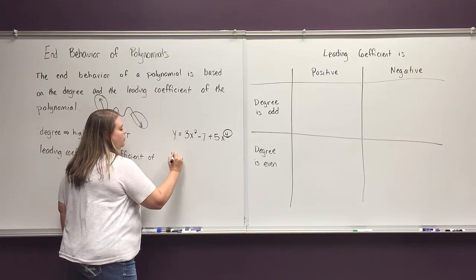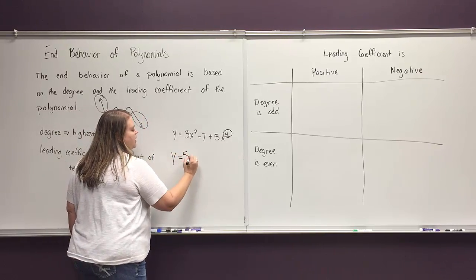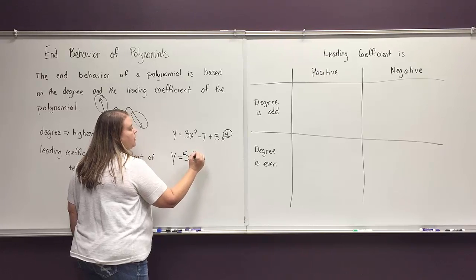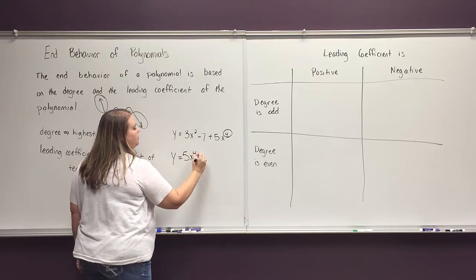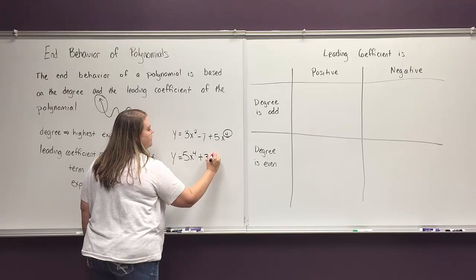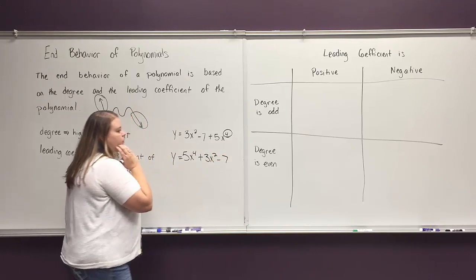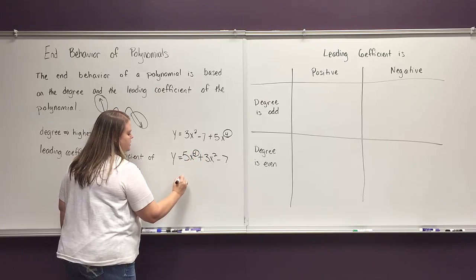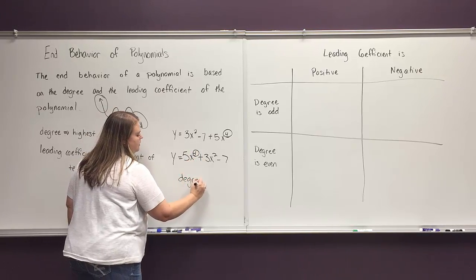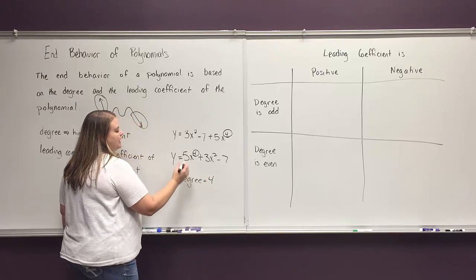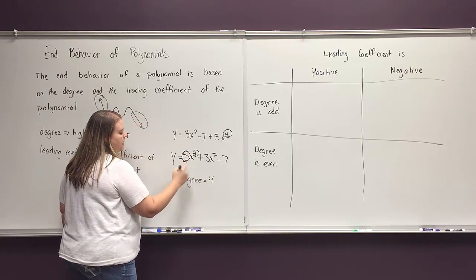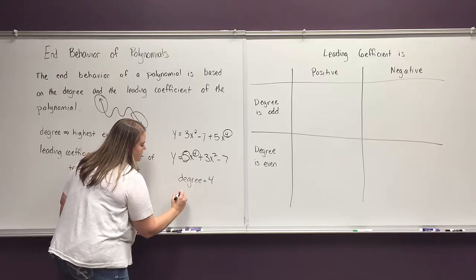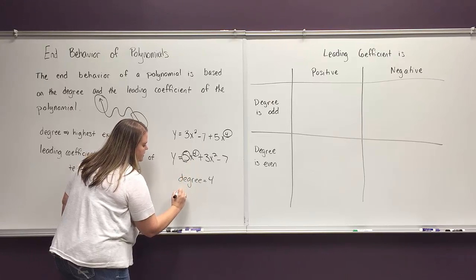So if it helps, we can rewrite that polynomial with our exponents in descending order. So we would have 5x to the fourth plus 3x squared minus 7. Now we can see that my degree is 4, the highest exponent. And we can see that my leading coefficient is 5, the coefficient out front of the degree term, the term with the highest exponent.